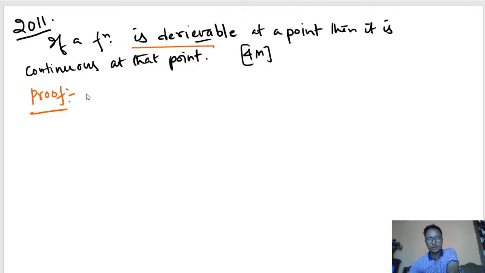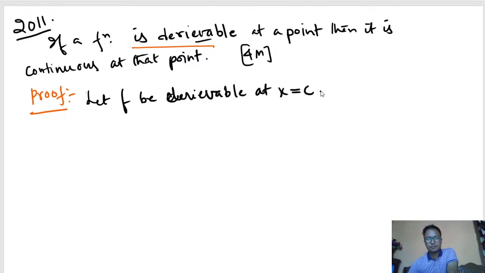So here we will assume that f is derivable at x equal to c. The function is derivable at the point c.